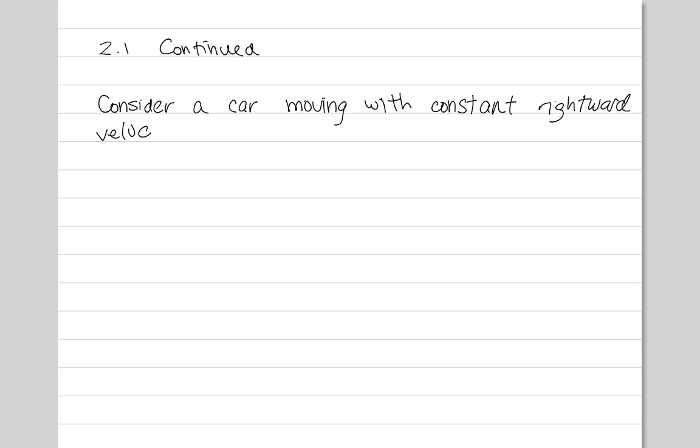So let's consider a car moving with constant velocity to the right. So constant rightward velocity. So it's positive. So with one dimensional, one direction's got to be positive, the other's got to be negative.